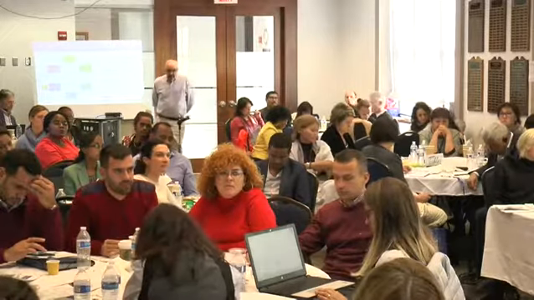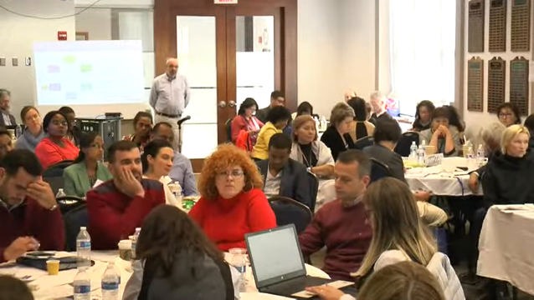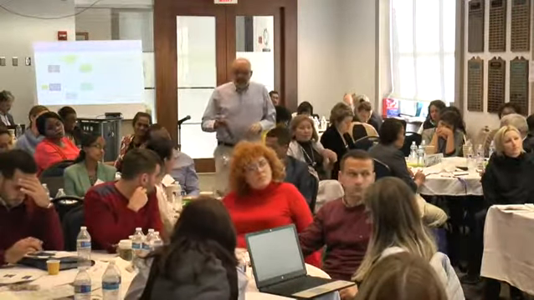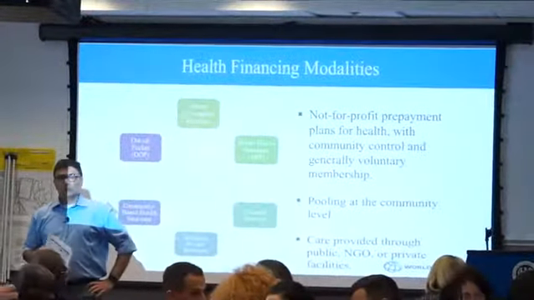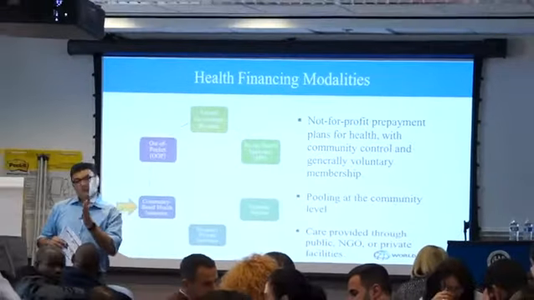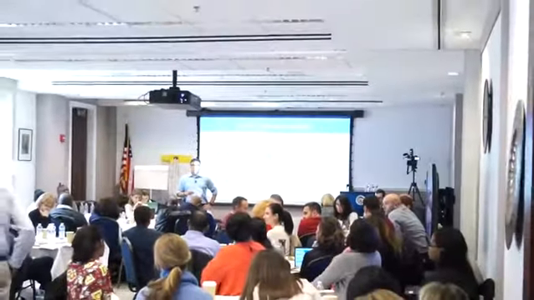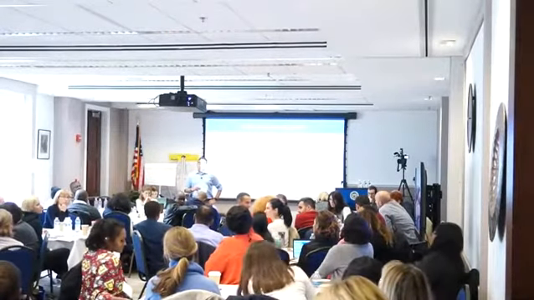The second health financing modality that we see across countries is community-based insurance. Is there anybody here from Ethiopia or Rwanda? Do you want to share with your colleagues what this health financing modality is? The community-based health insurance started like 4 or 5 years ago.